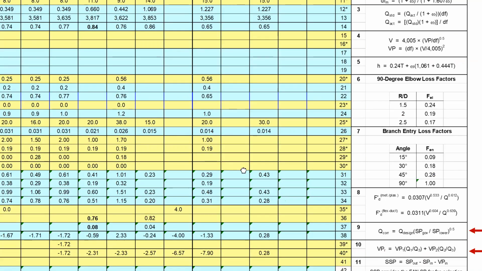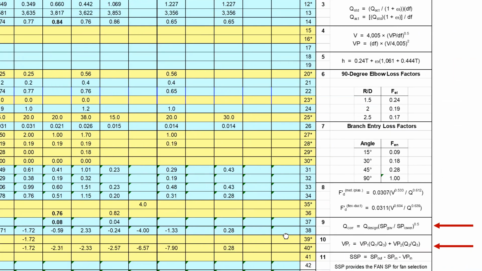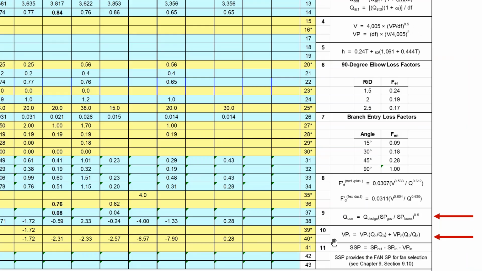We have another formula in Chapter 9 and also in the sidebar of our calculation sheet that calculates the resultant velocity pressure of combining multiple airstreams. And we call it VPR. VPR is simply the velocity pressure of airstream number 1 times its flow rate divided by the cumulative flow rate, plus the velocity pressure in airstream number 2 times its flow rate divided by the cumulative flow rate.